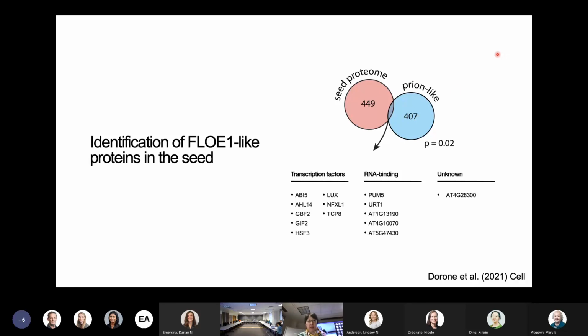Other than phloem, they're essentially either transcription factors or RNA binding proteins. And you have things like ABI5 that's known to be involved in germination. So that's another direction we could go: maybe phloem is acting as a novel type of transcriptional regulator for seed germination.